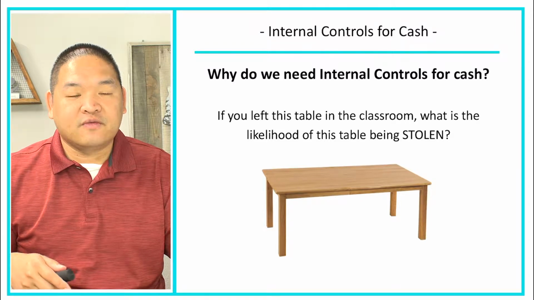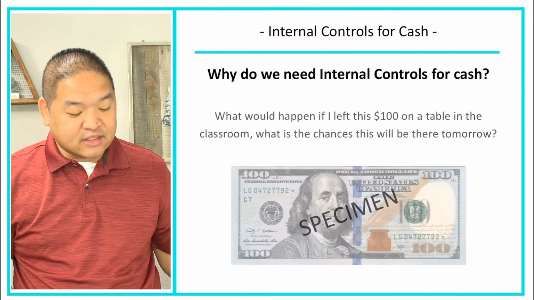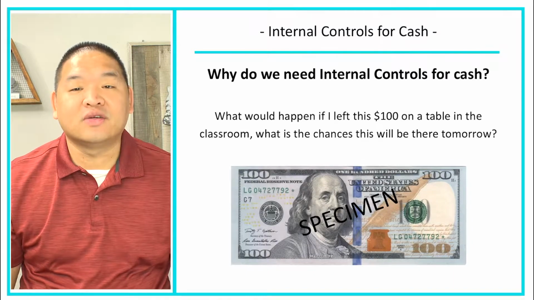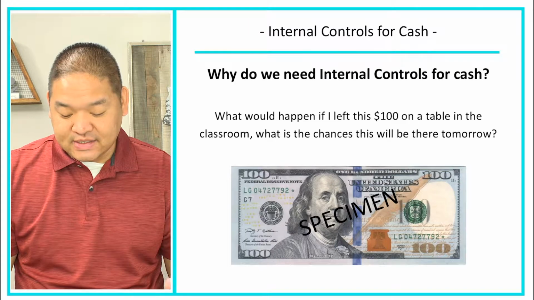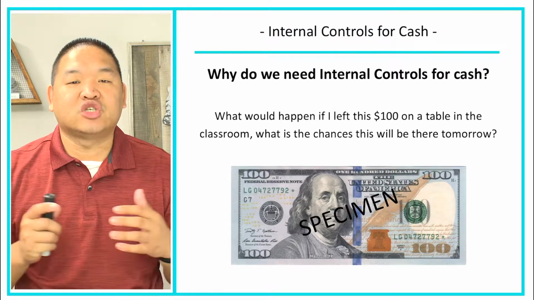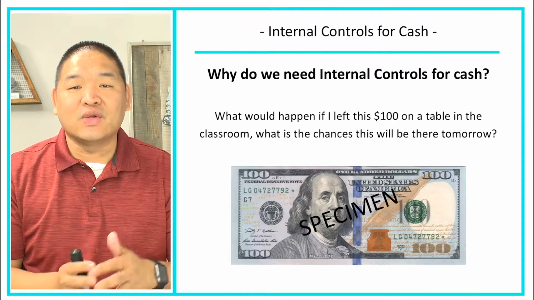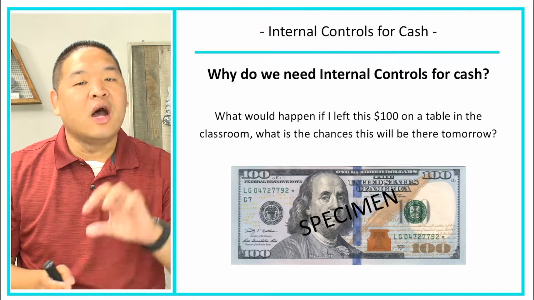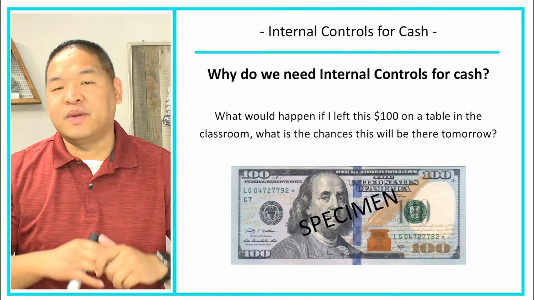So there isn't a high susceptibility that this table would be stolen, right? All right, so let's flip to another example. What would happen if I put this $100 on the table in the classroom? What's the chance that it would be there tomorrow? Probably a little less likely, assuming we're on maybe a college campus where everybody has access to the classroom.